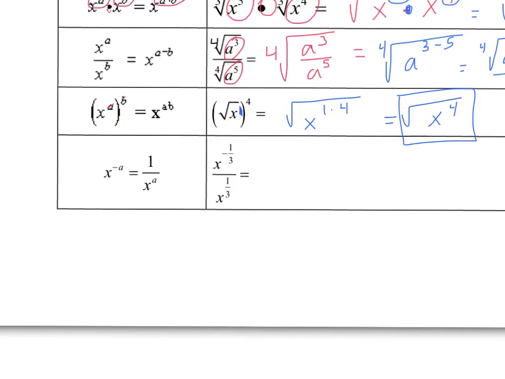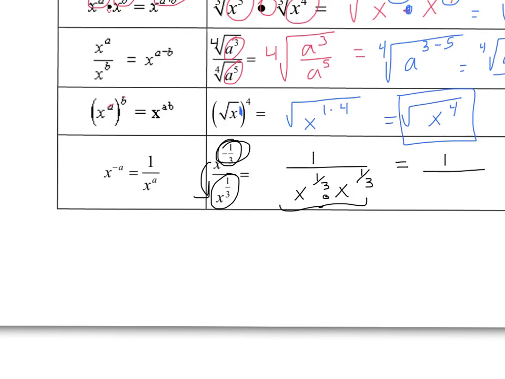Now again, if you have a negative exponent, you need to flip your fraction. So since this is negative, you need to move this down. This is positive, so you keep it where it is. So it would be 1 over x to the power 1/3, which is this one that you move down, and x to the power 1/3. Now, you can still simplify those two.